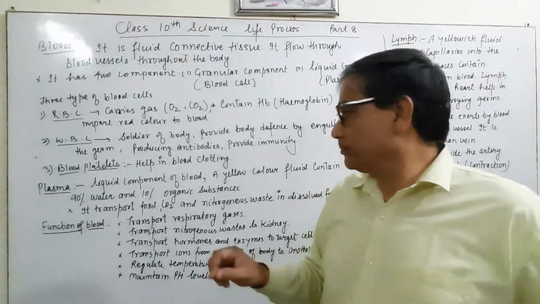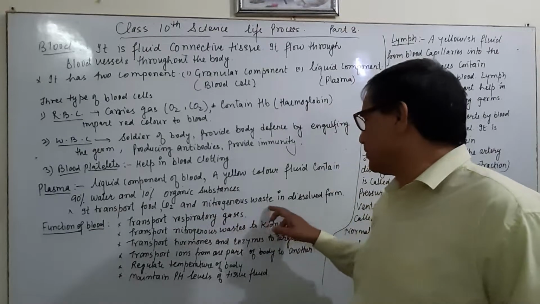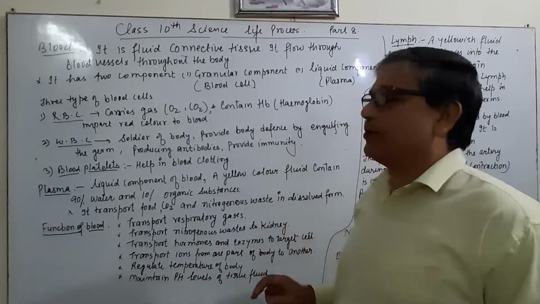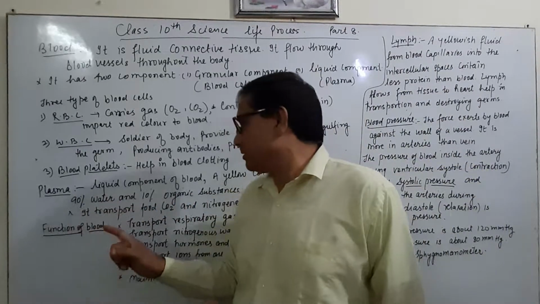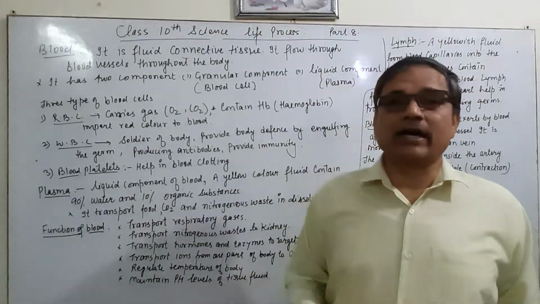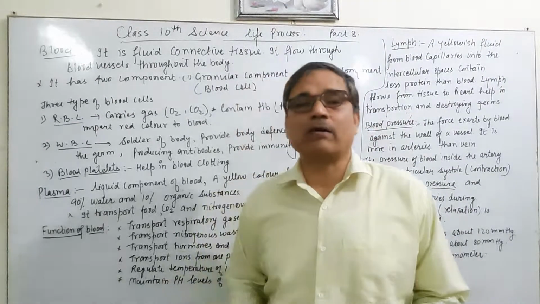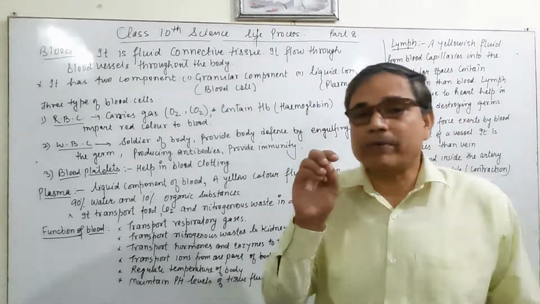It means it also transports food, carbon dioxide, and nitrogenous waste in dissolved form. It means plasma carries food and gases like carbon dioxide and also the nitrogenous waste inside our body, which flow and are present in the blood.